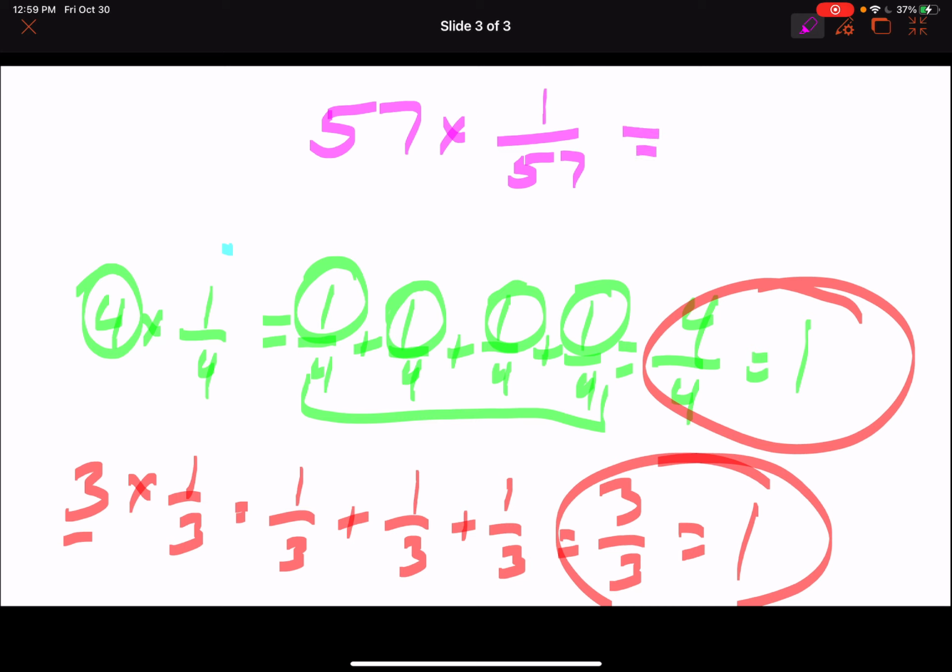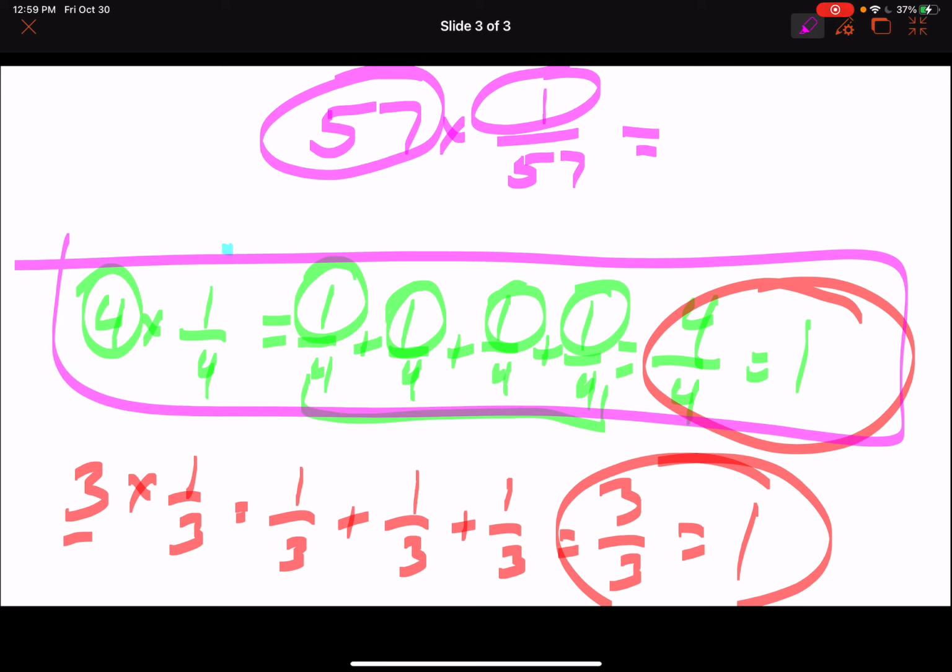What is the answer to that going to be? Okay, so I'm not going to write this out 57 times. That would be crazy. But I do know that I can multiply that top because we've seen that pattern that happens here. And it's 57 over 57, which is equal to, you got it, 1. Okay?